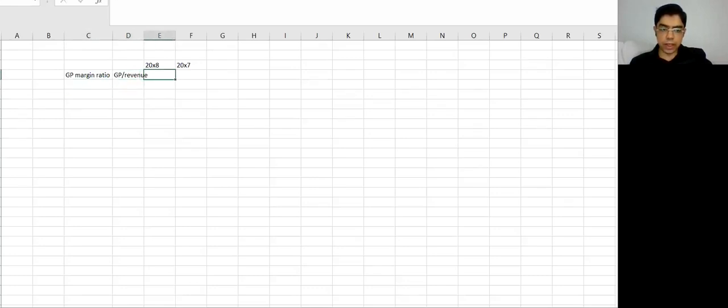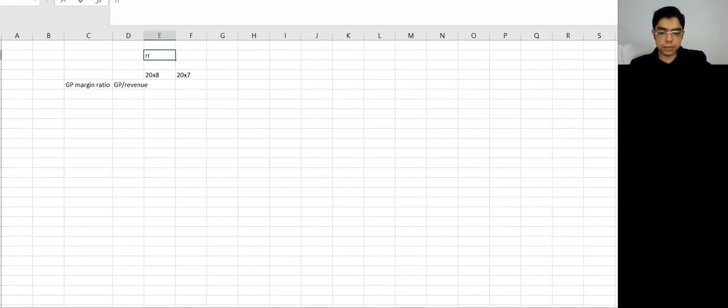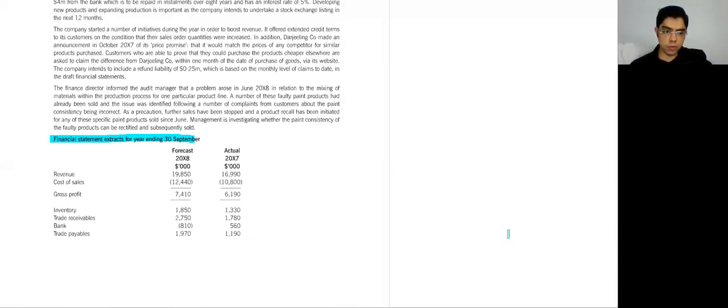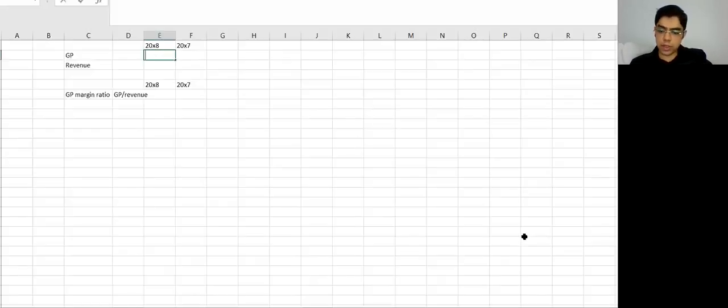In order to calculate this ratio, if we could just quickly populate the data over here. You would need gross profit and revenue, right? So if we copy paste the gross profit from here, 7410, 6190.